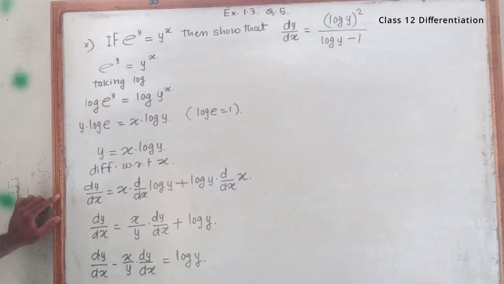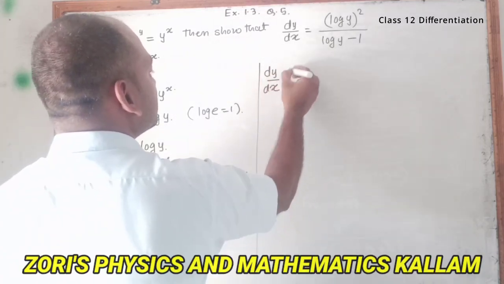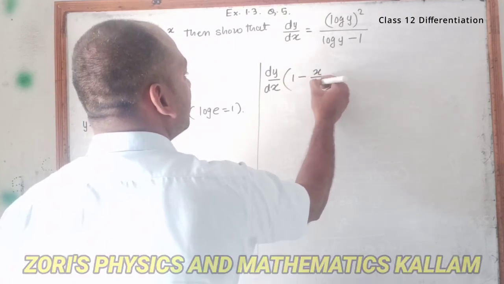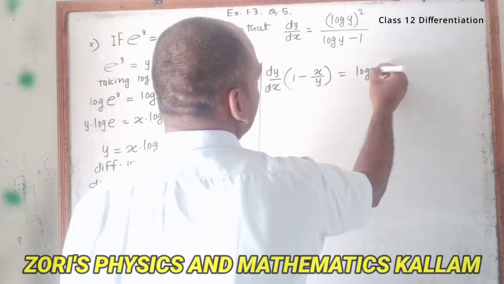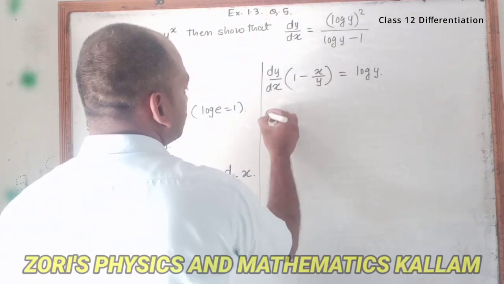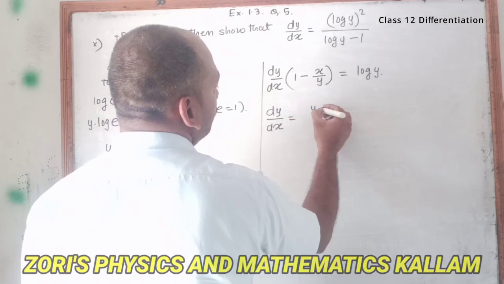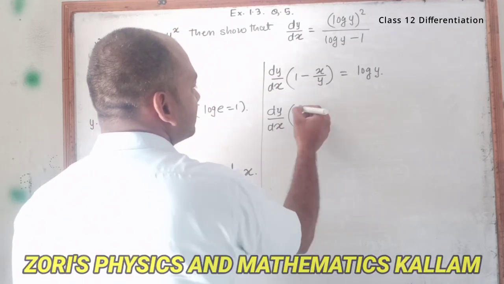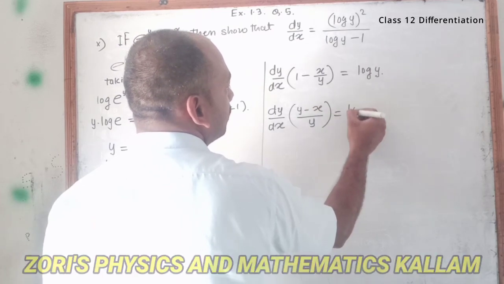Now take dy/dx common here. So we have dy/dx in bracket 1 minus x upon y, and that is equal to log y. Make this subtraction: dy/dx in bracket y minus x upon y is equal to log y.